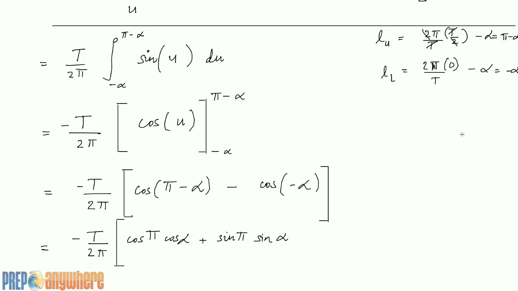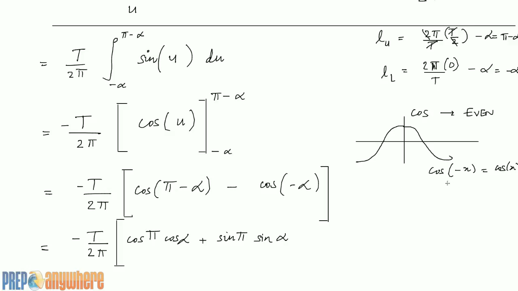And if you remember your odd and even functions, cosine looks like this, and on the other side is the exact same, and so cosine is an even function, which means cosine of negative x is equal to cosine of x. In our case, cosine of negative alpha is equal to cosine of alpha.